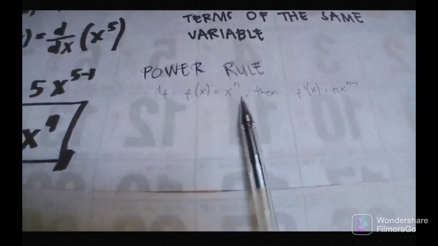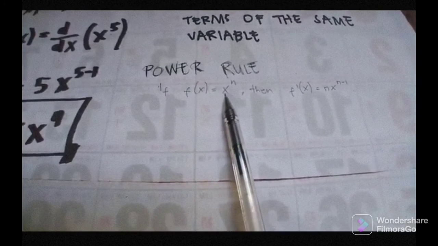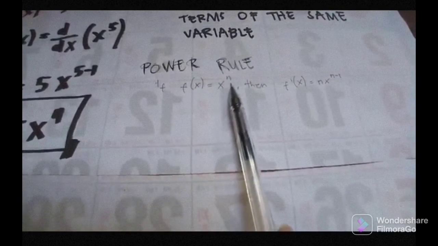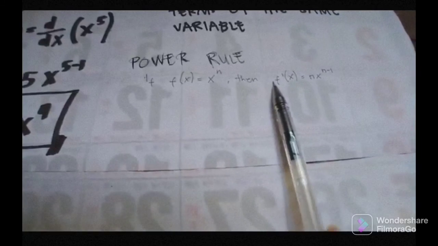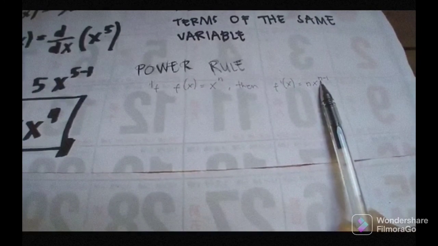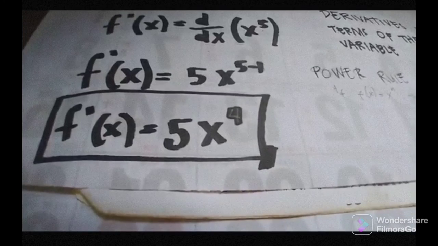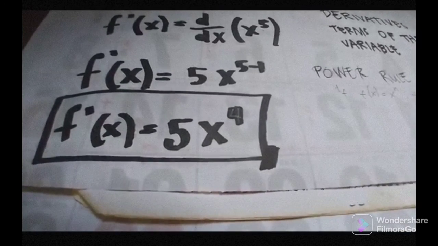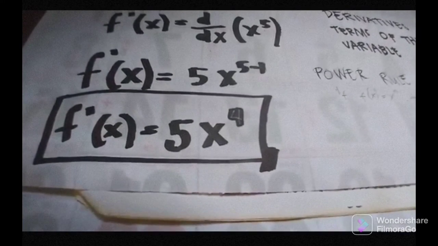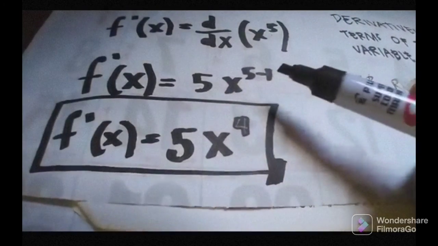Power rule states that if f of x is equals to x to the power of n, then f prime of x is equals to nx to the power of n minus 1. It became f prime of x is equals to 5x to the power of 5 minus 1.